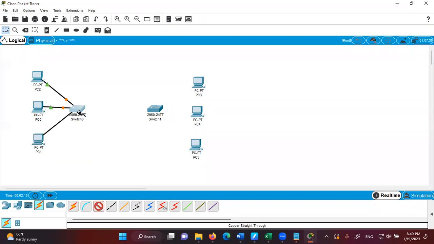When I connect, you can see the color is orange here. That is because the link is not up yet. Normally what happens is the switch will communicate with the connected computer and it will take some time to establish the connection. A real switch takes the same time, right? Real devices also take this time after connecting, about a minute. Now you can see the first one is up. The second one is not up yet. Okay, the second one is also fine. Okay, the third one is also up.